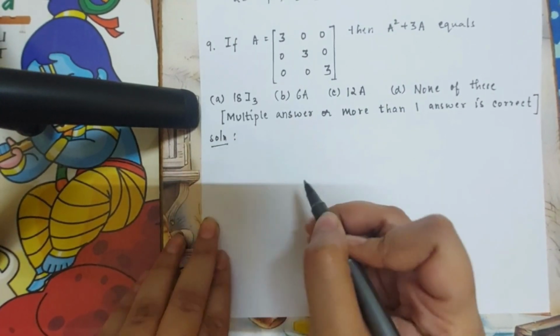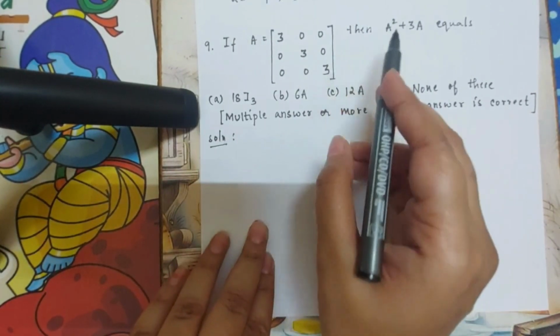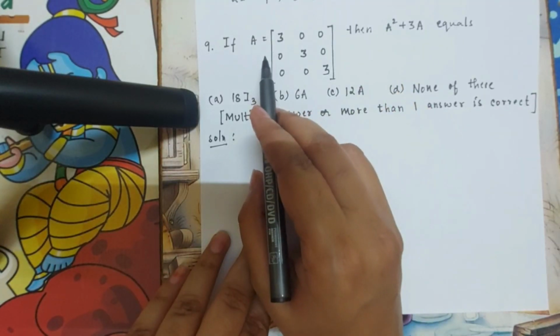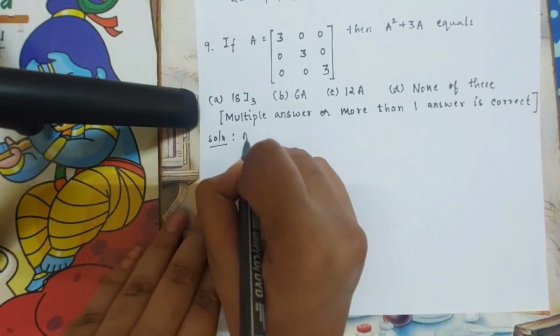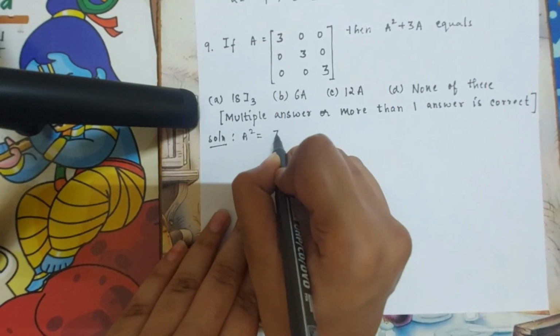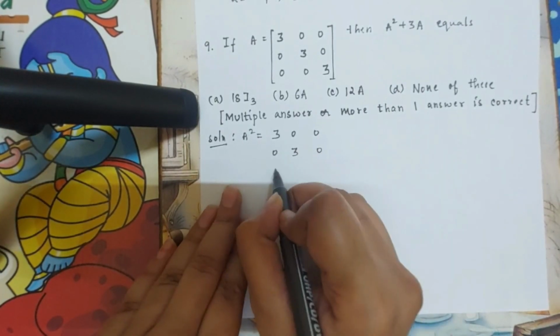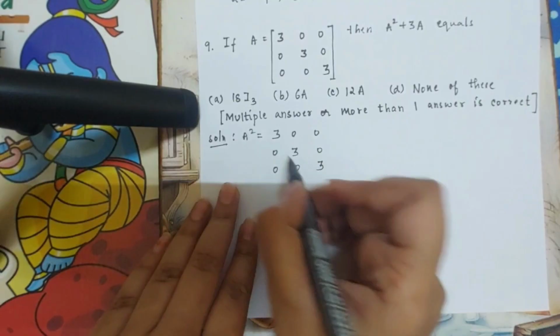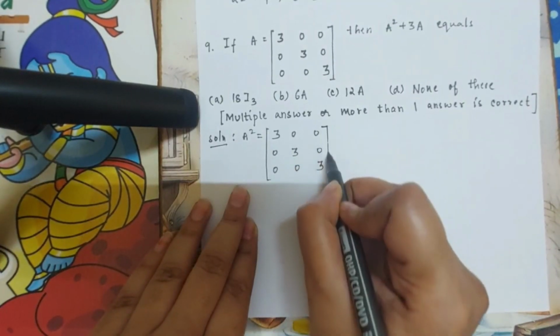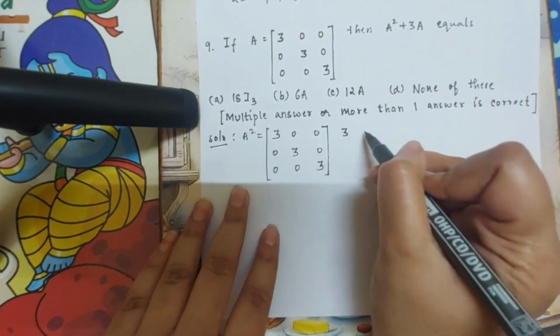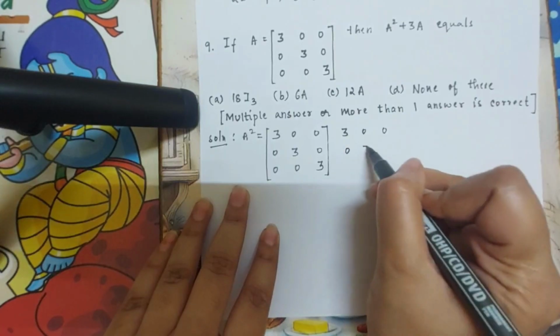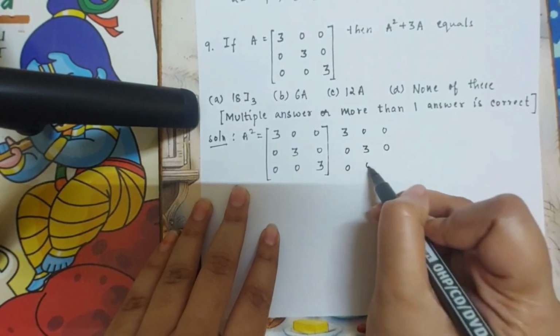First, we'll be multiplying a into a to get a square. So a square is the matrix 300, 030, 003 multiplied with 300, 030, 003.